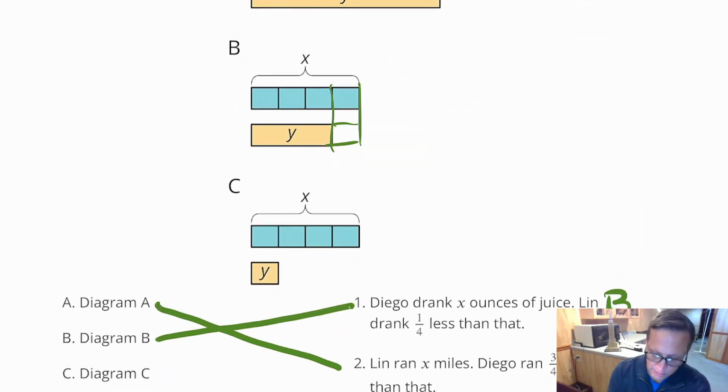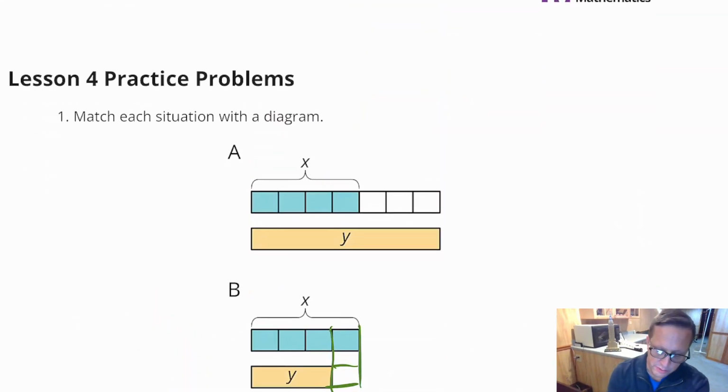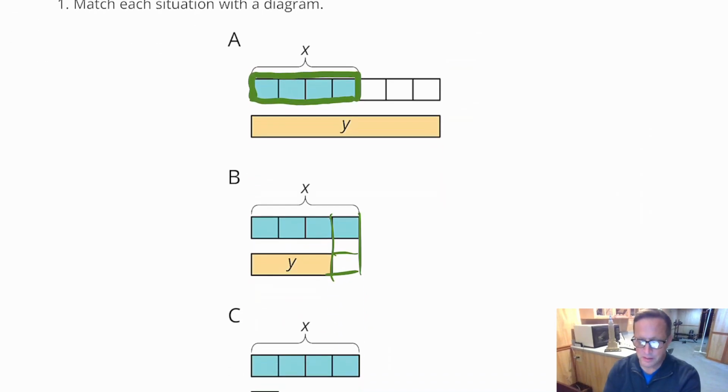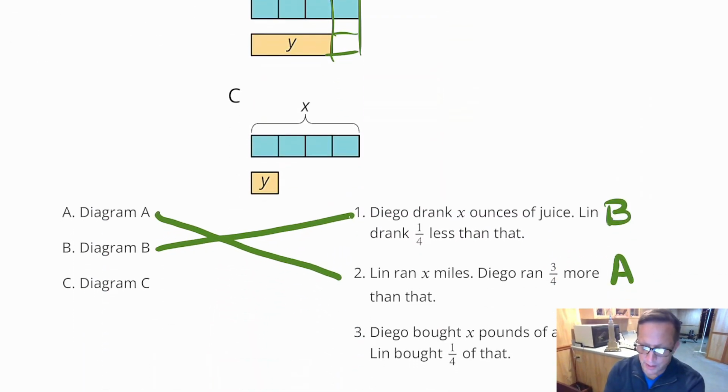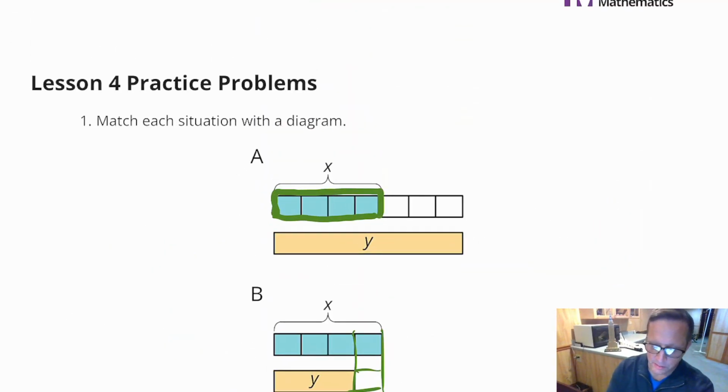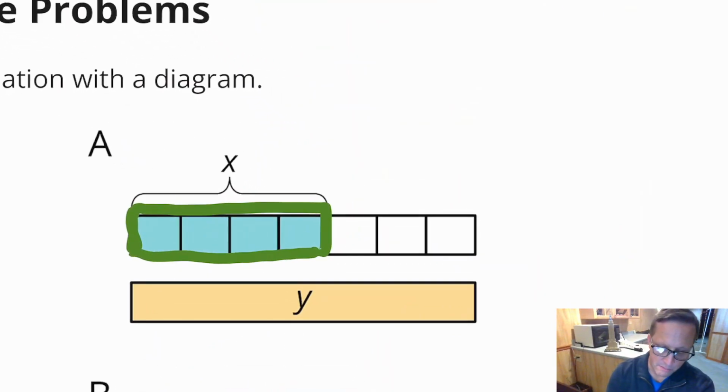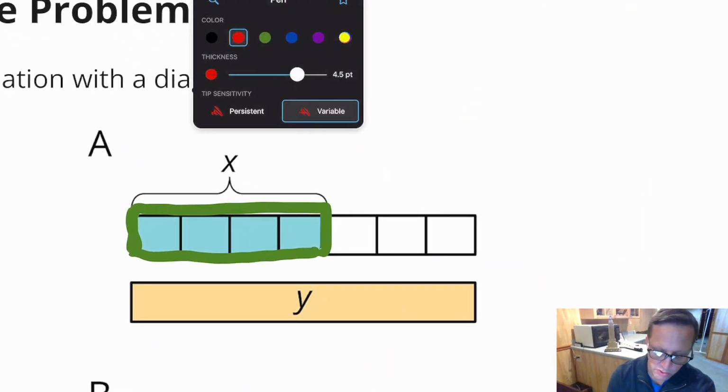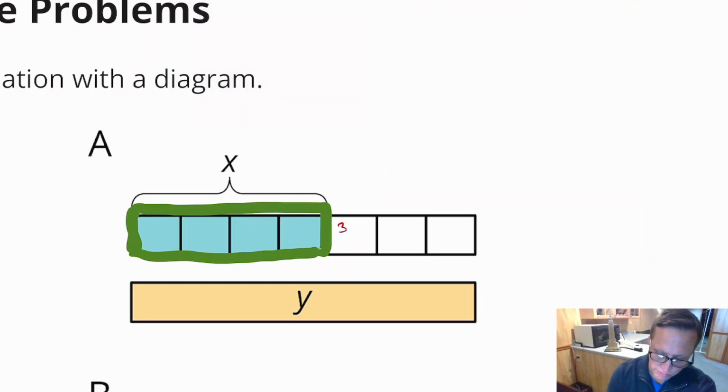So let's just get that out of the way, and let's talk about the math here. So Lynn ran X miles. So there's Lynn's X miles, which are broken up into fourths, right? And Diego ran 3/4 more than that. So altogether they're 3/4.